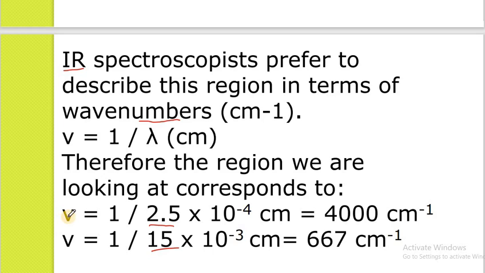So in terms of wave number, it comes out to be 1 over 2.5 into 10 to the power minus 4 centimeter, that is, nearly 4000 centimeter inverse. And when it is 15 micrometer, it comes out to be 667 centimeter inverse. So we deal with the middle region, from 2.5 to 15, or in terms of wave number, 4000 to 667 centimeter inverse.